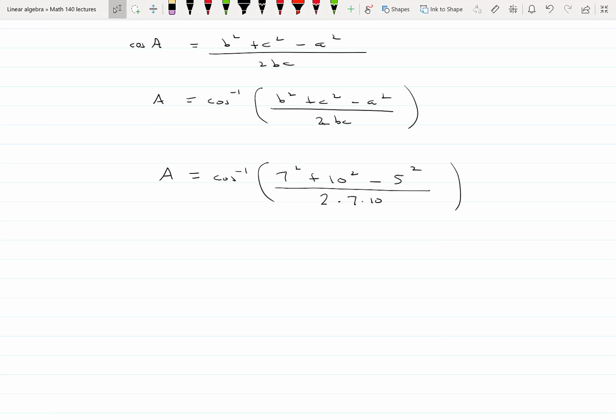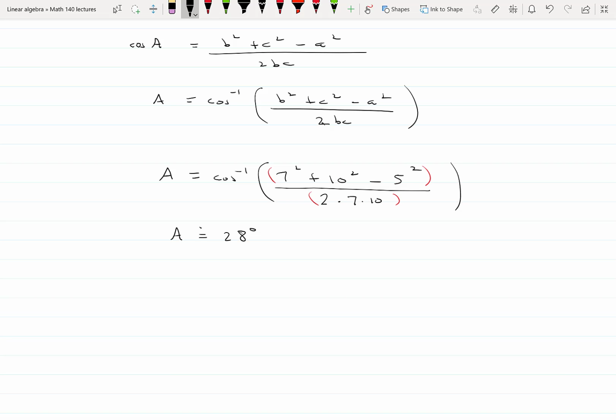We do this in one fell swoop in our calculator by inserting parentheses in numerator and denominator. We've got to do that. Okay, and we get A is approximately 27.666, so it's about 28 degrees.